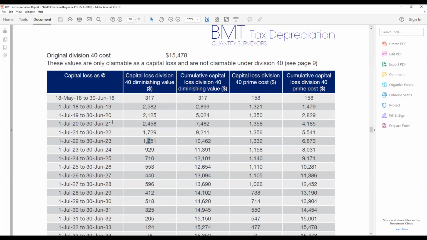Good. So for example, if the client has this one for 40 years, but he comes in and says, oh yeah, I purchased a new TV for my investment property and fixed it inside. Aha, that's not included in this $15,000. So are we going to ask the client, hey, can you go back to the depreciation schedule preparers and prepare this report again and pay $750?